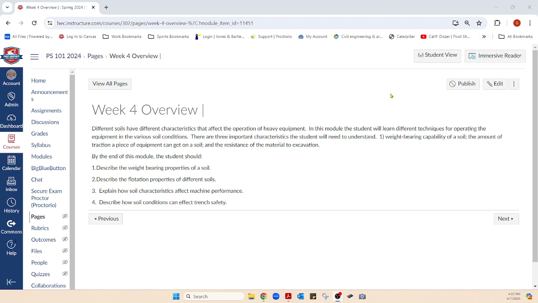I have on the screen an overview of week 4, and down here in the waiting room, a PDF of section 3, I believe it is, of the NCCER module on soils, and we'll go through that.